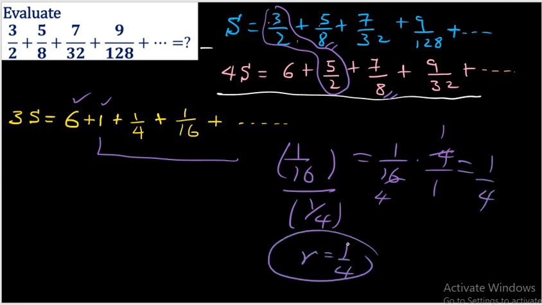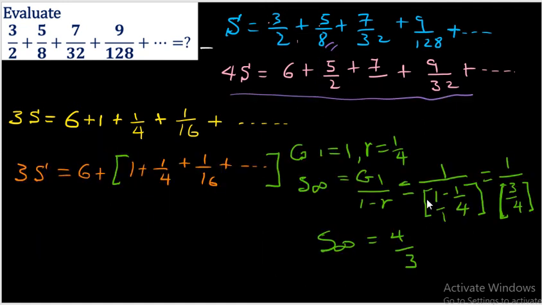It satisfies the condition to apply the infinite series formula, that r must be between 1 and -1, and g1 is 1. So we can apply the formula g1 over 1 minus r to find the sum of this infinite series.